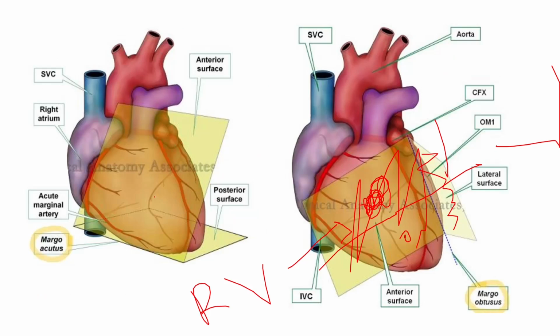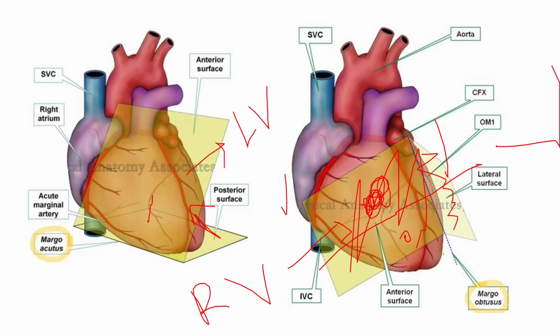And if they had described the posterior surface, that could have been the left ventricle and the left atrium together, as signified by this. So this is the left ventricle, and that could have been the posterior surface.